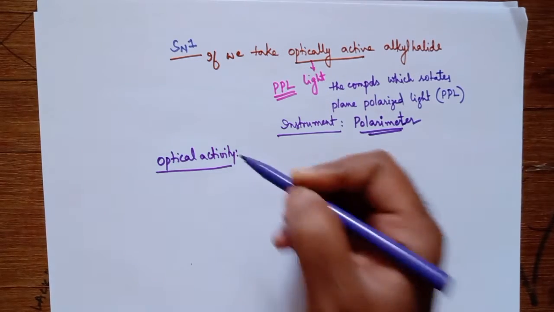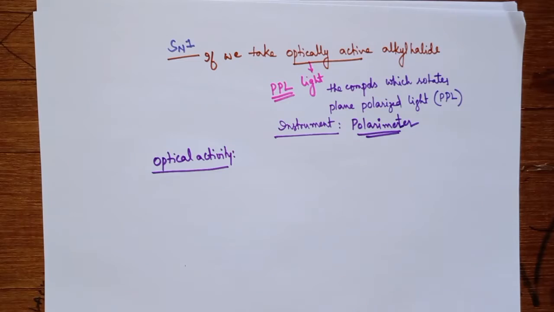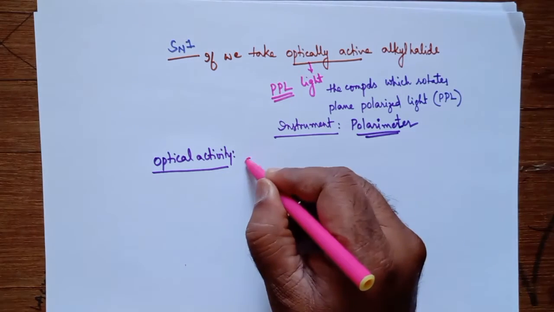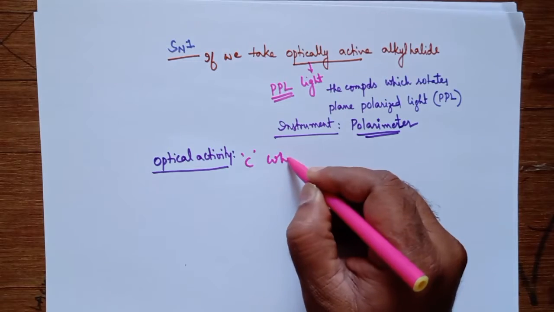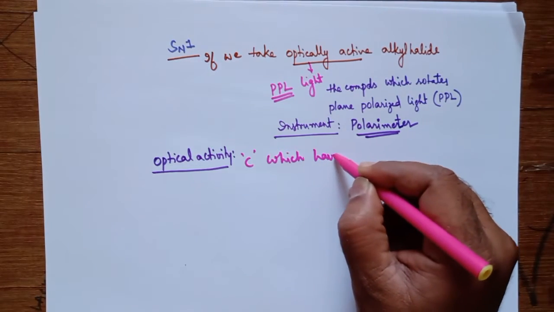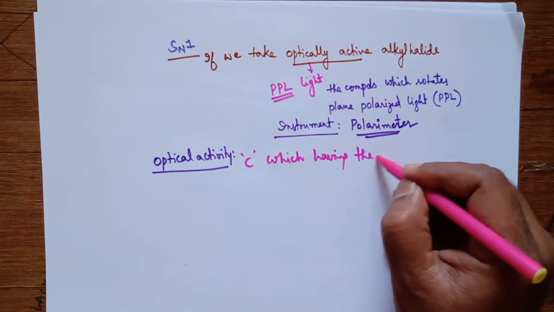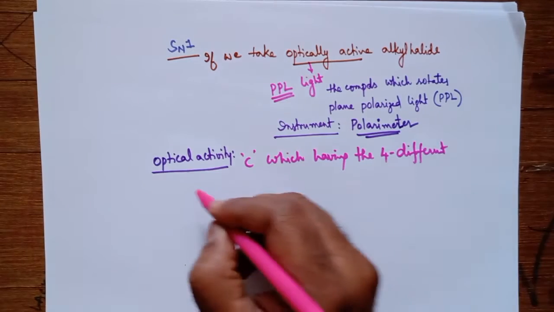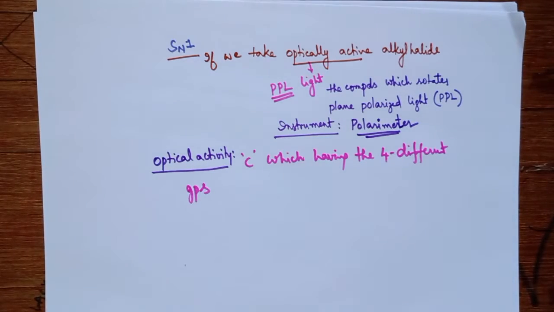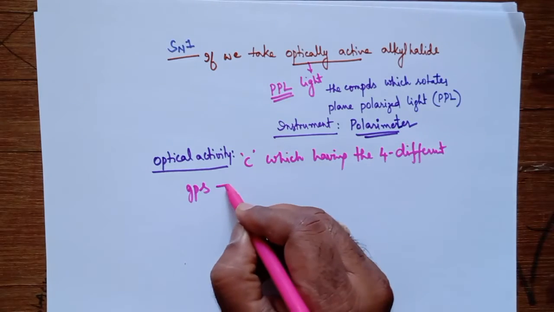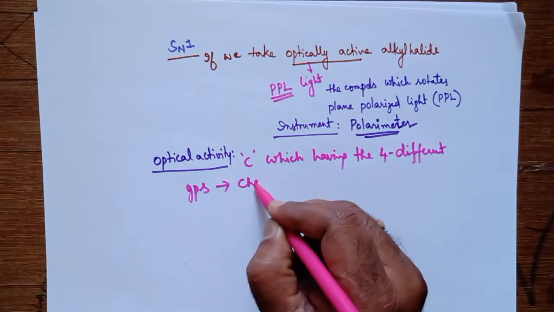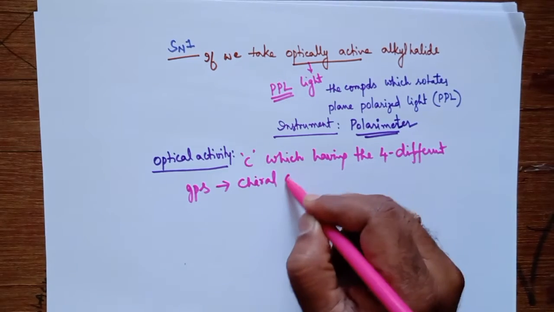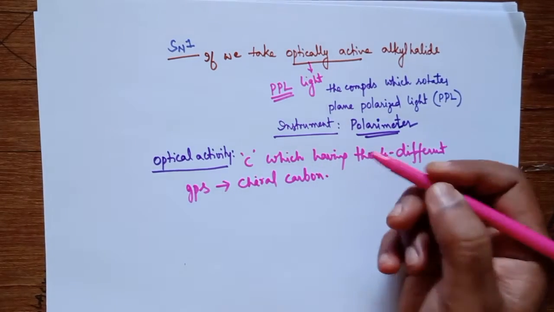The carbon which has four different groups, you can call it a chiral carbon or asymmetric carbon.